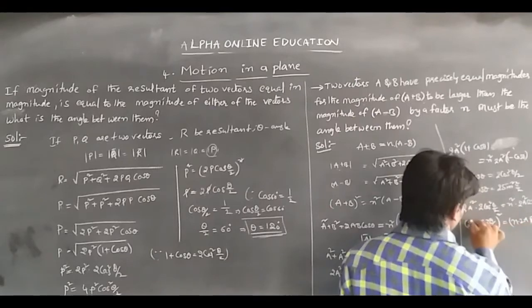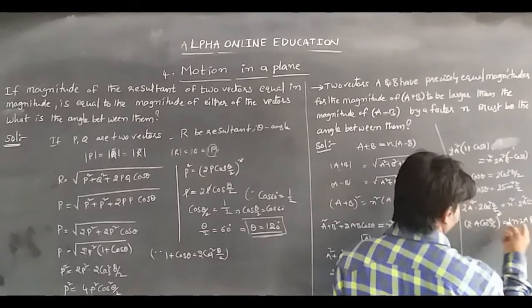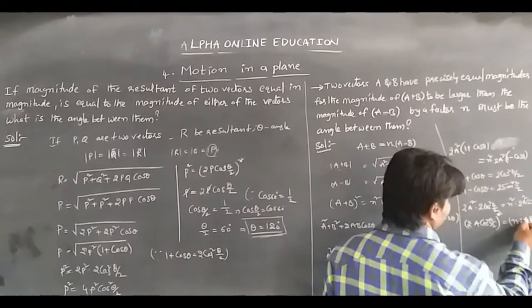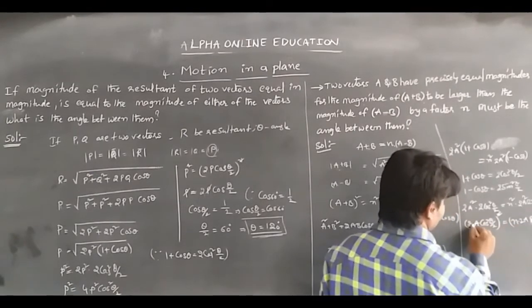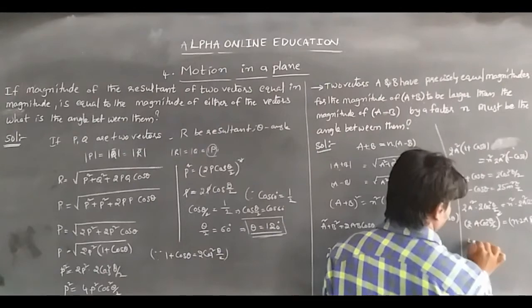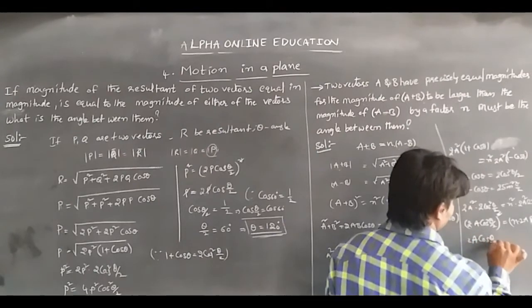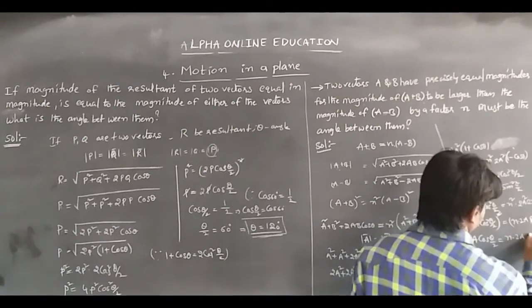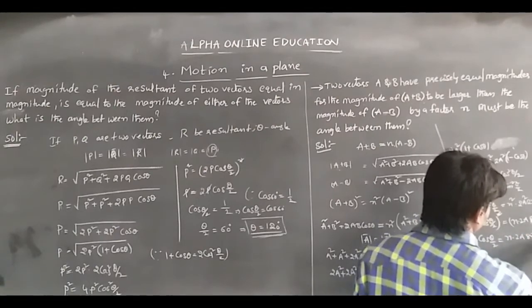So the square gets cancelled, and the 2A is also there, so 2A also gets cancelled. Then we get 2A cos theta by 2 is equal to n into 2A sin theta by 2.